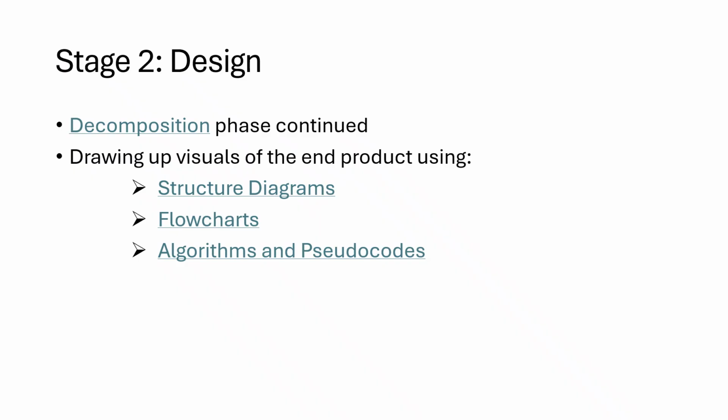So you basically work on the decomposed part, the simpler material, to design it into visuals and also into textual form, in the form of algorithms and pseudocodes, so that there is a proper structure signifying which process will lead to the next one.